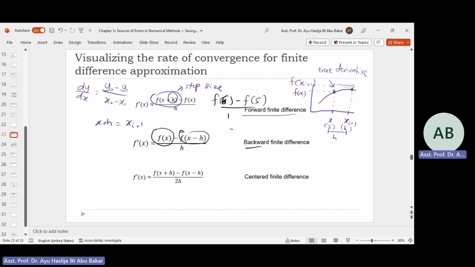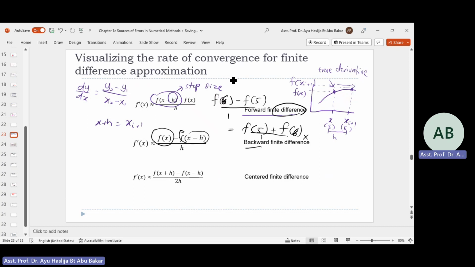Is it the same if you have f5 plus f6 over 1? No. Why no? The value will be different. The keyword over here is difference, so you must minus. So this one is not applicable.